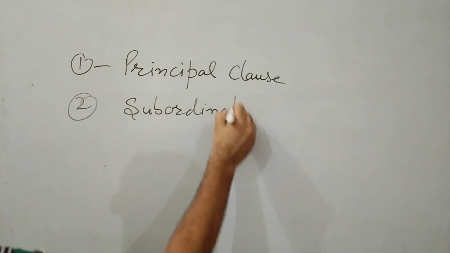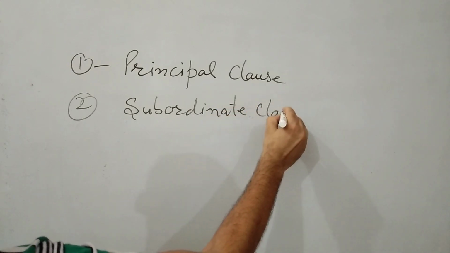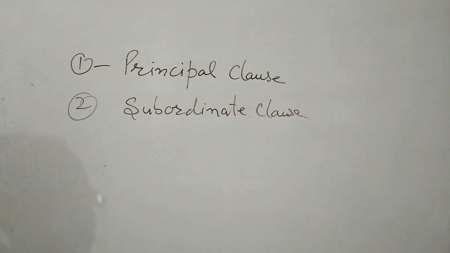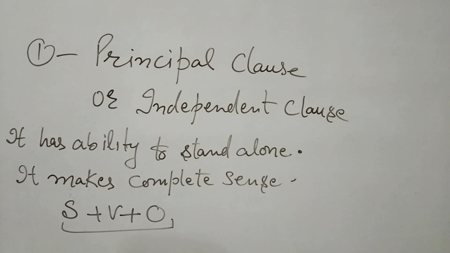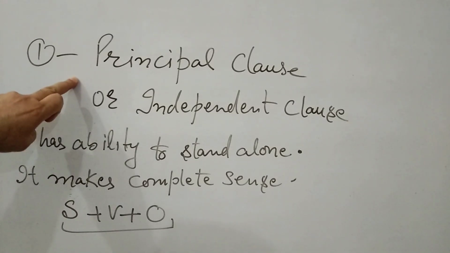Clause means a part of a sentence, and the sentence which has both principal and subordinate clauses is known as a complex sentence. So first of all, let's learn what the principal clause is.